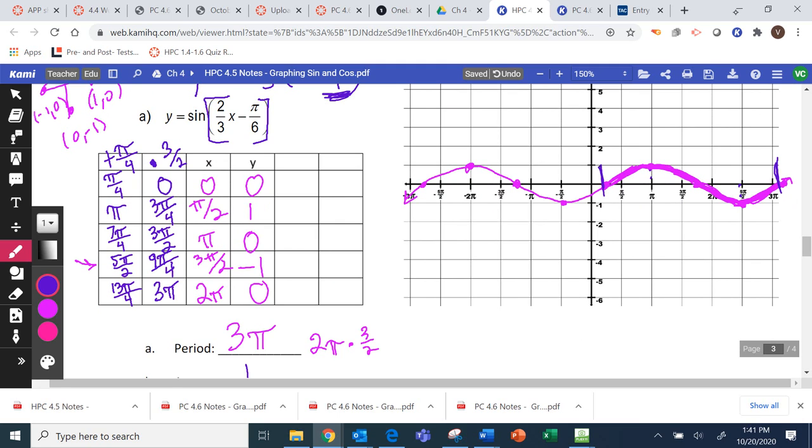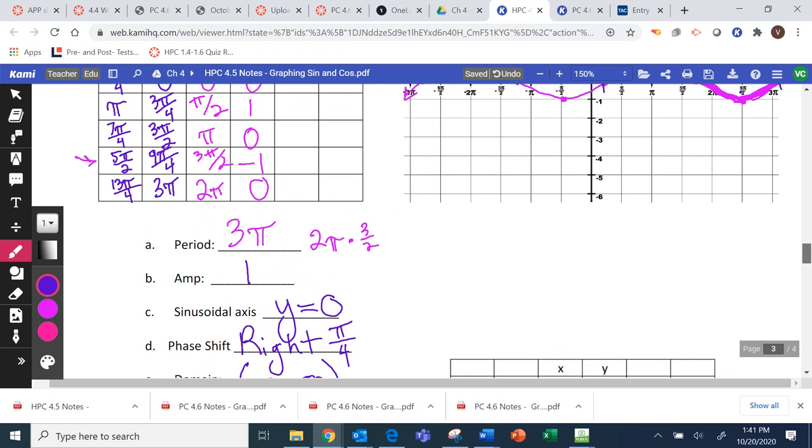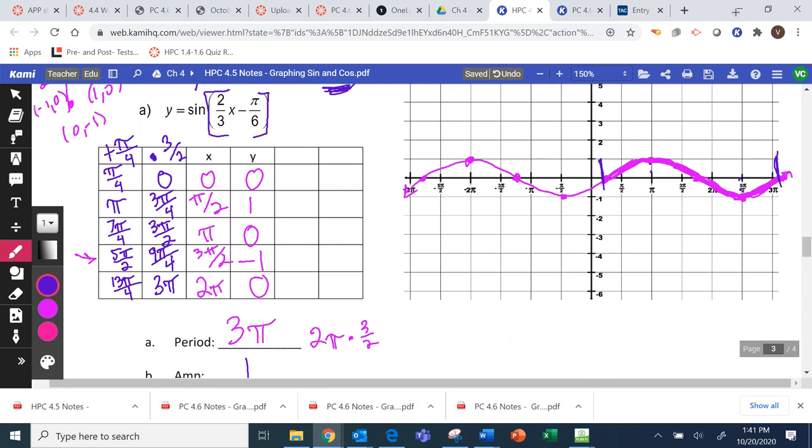What happens with this domain? What x values can we have? Okay, so that in interval notation is negative infinity to positive infinity. Thank you, Gracie. And then the range is from down to up. So we go from lowest value to highest value.